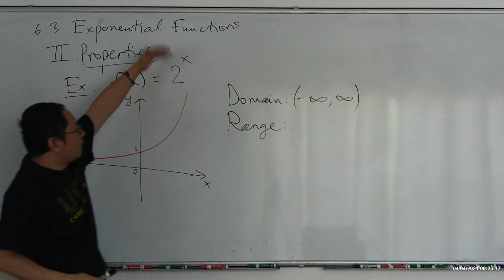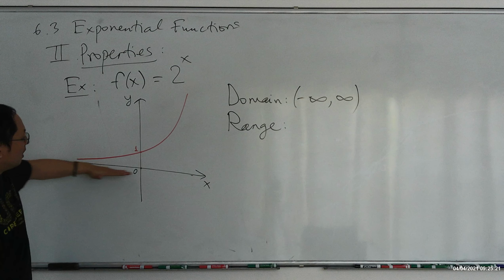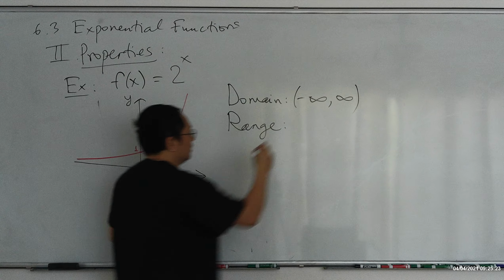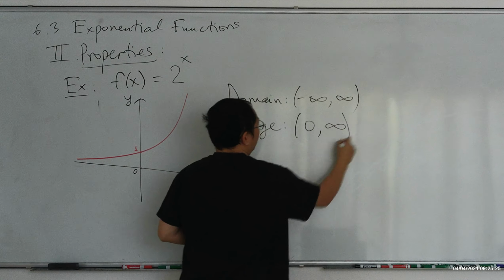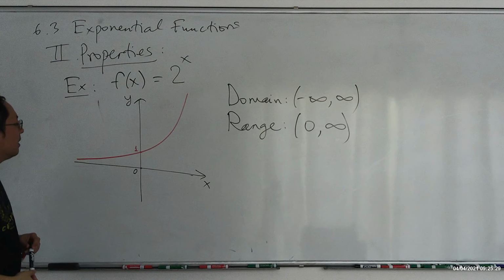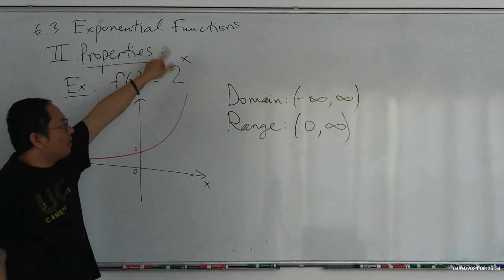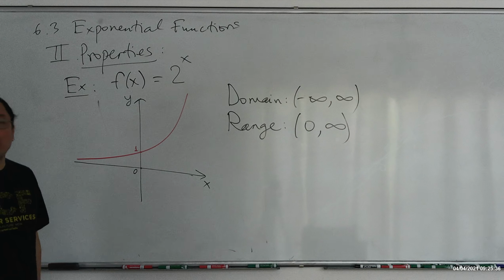It could go up forever, but it's not going down forever. The lowest value for y is still above the x-axis. So the range is 0 to infinity, not including 0. It's going to be something bigger than 0. With this function, no matter what value you plug in for x, you will get something positive out.